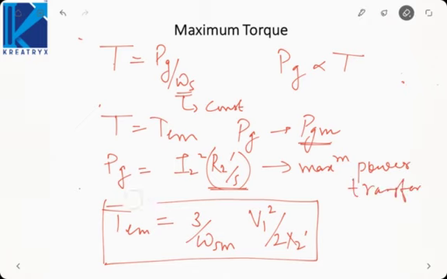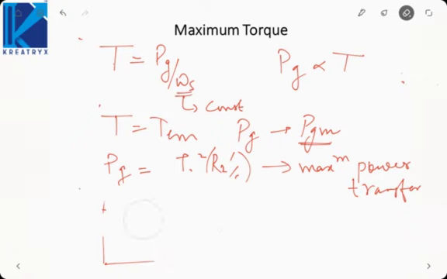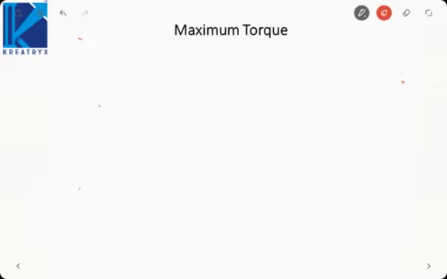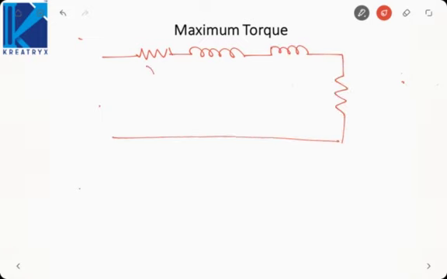So let us draw the equivalent circuit, referred to the stator side. Okay, this is R1, so Re, Xe, X2 dash, R2 dash by S, Ve.